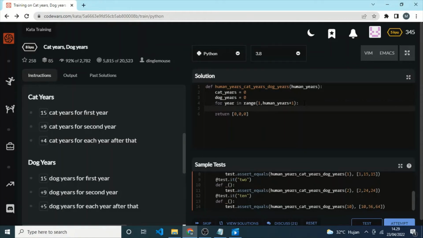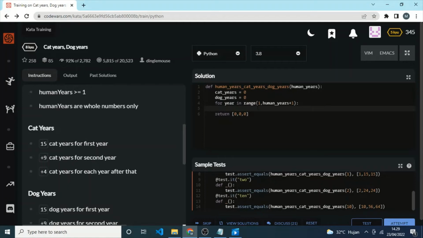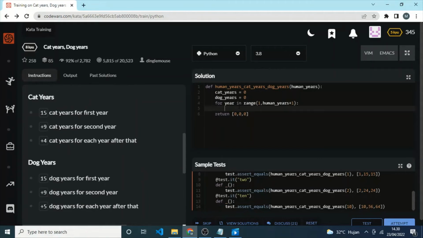Then if, just for the first, if the year is 1, then cat years and dog years will be plus 15. So if year is 1, then cat years plus 15, and also dog years plus 15.